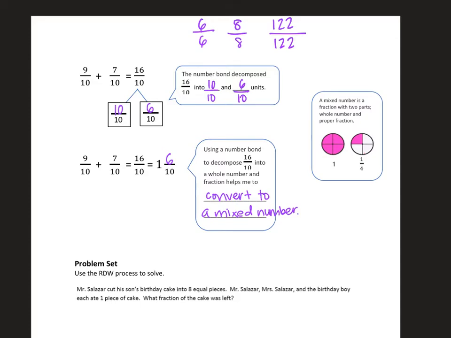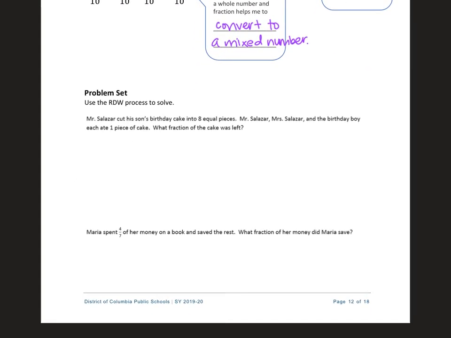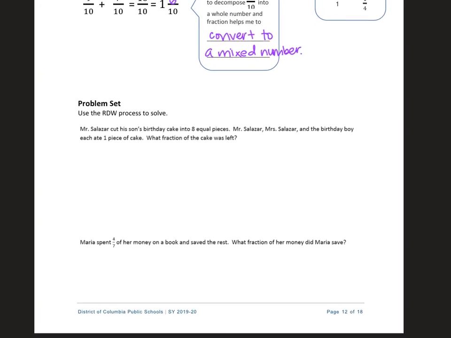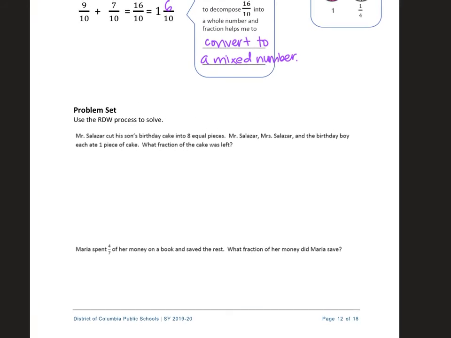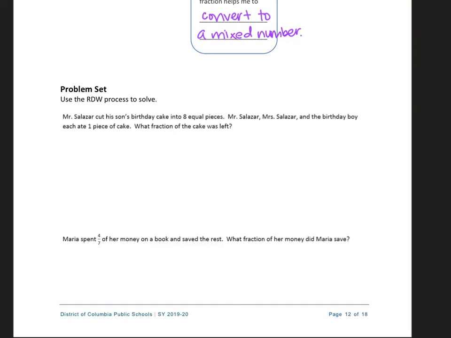Now we are going to scroll down, and now we have to do these two all on our own. Let's go ahead and read the first problem. It says, Mr. Salazar cut his son's birthday cake into 8 equal pieces.